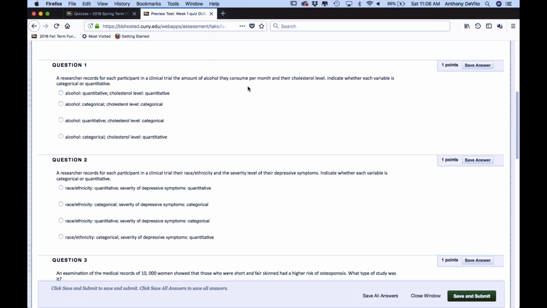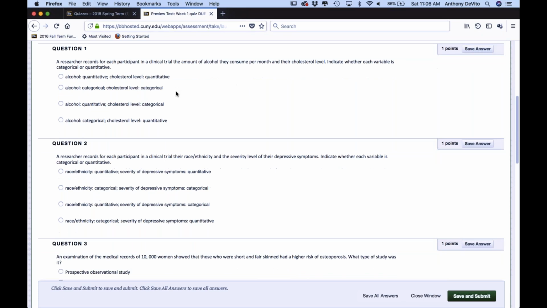And it might be half, right? It might be 3.5 per month, 4.5 per month, or 10 per month. So they're both quantitative. You could maybe call the alcohol a discrete numerical or quantitative variable, but again, it's a distinction that we really don't have to make for the most part.